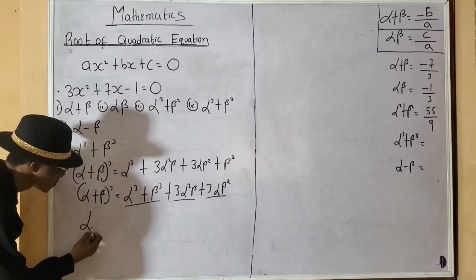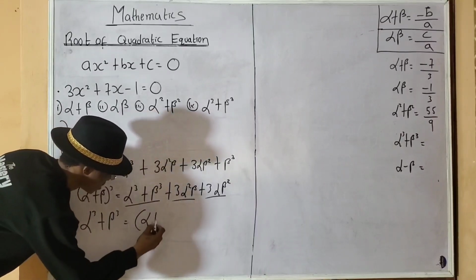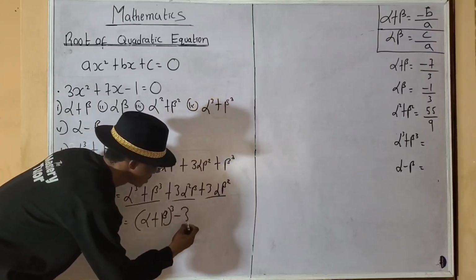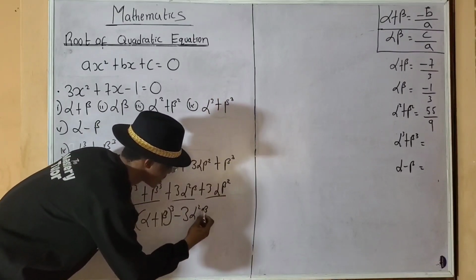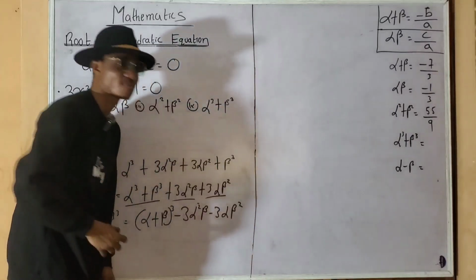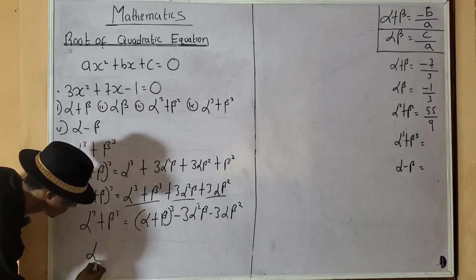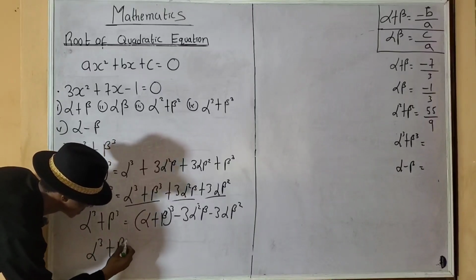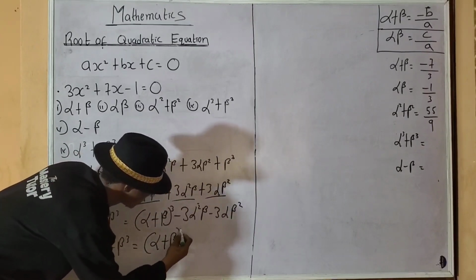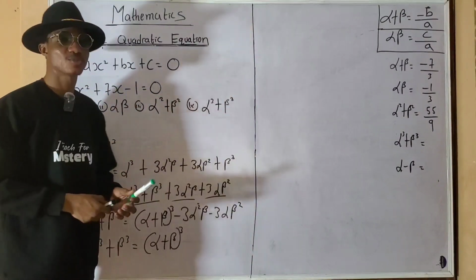So I'm going to have alpha cube plus beta cube is equals to alpha plus beta cube minus 3 alpha squared beta minus 3 alpha beta squared. Are you following? Okay, pay attention. Alpha cube plus beta cube will be equals to alpha plus beta cube. Now listen to me carefully. Do you know what I'm trying to do?